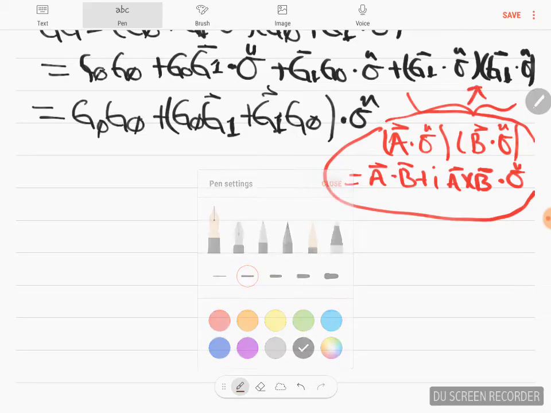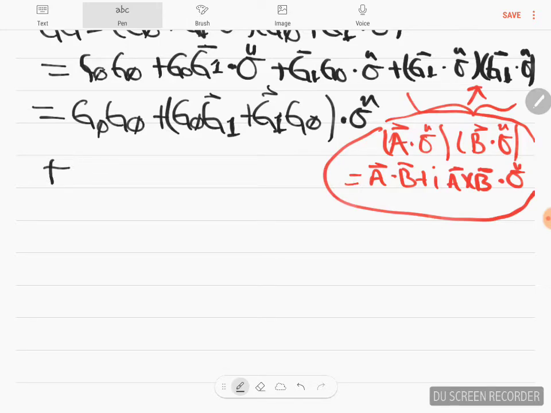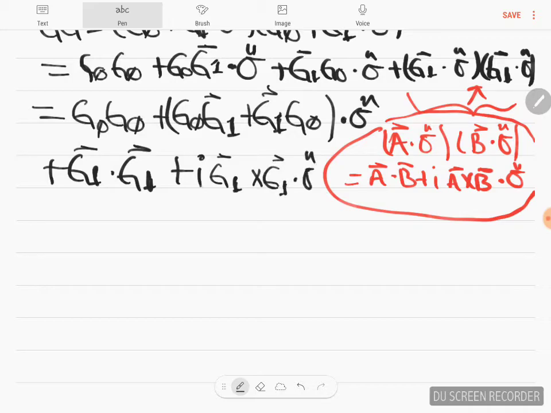So on top of this, we write plus G1 dot G1, the dot product between the vectors that are being multiplied with sigma, and then plus i G1 cross G1 dot sigma. It is clear that this is 0, since the cross product between two vectors which have the same direction is 0. In this case, they are the same.